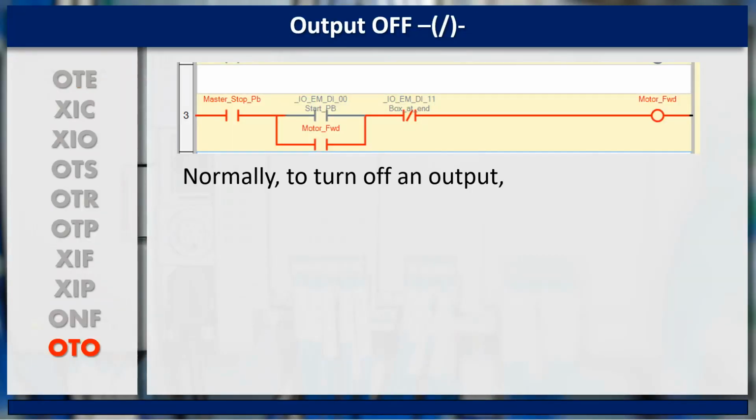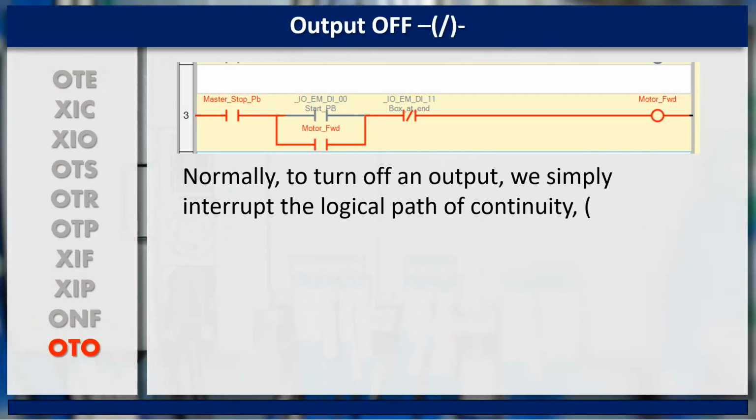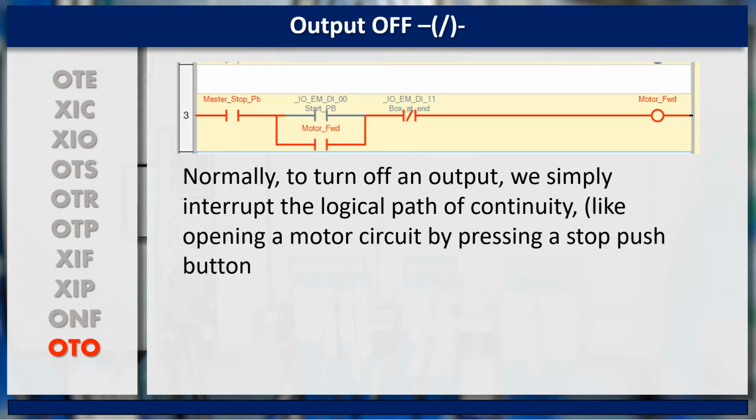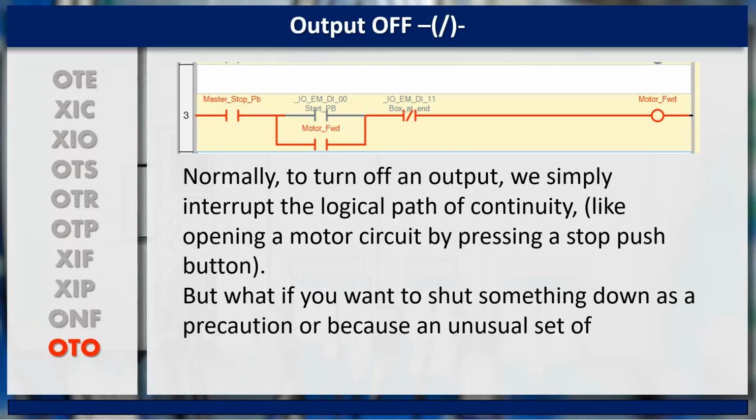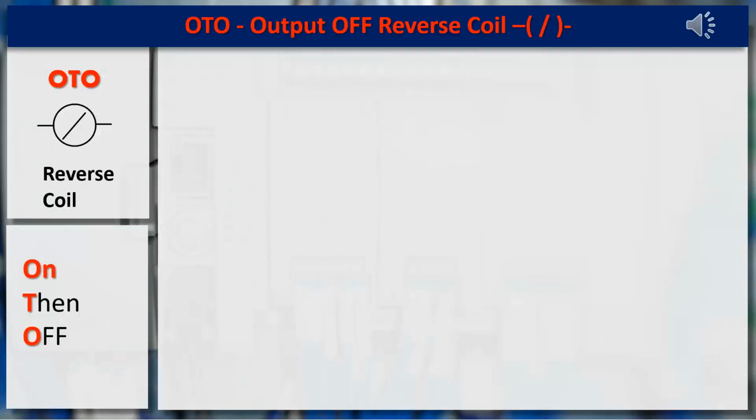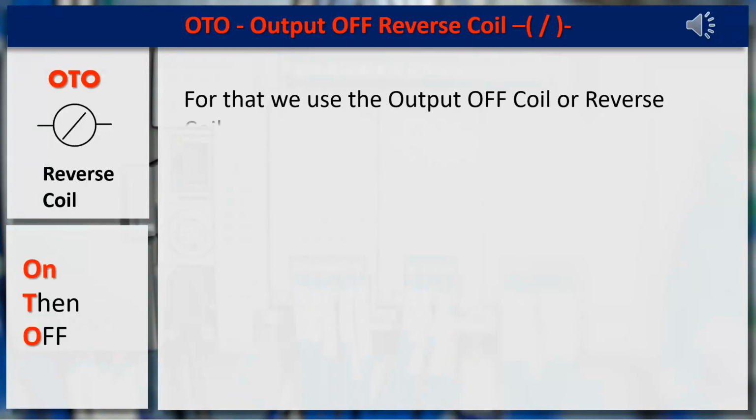Normally, to turn off an output, we simply interrupt the logical path of continuity, like opening a motor circuit by pressing a stop push button. But what if you want to shut something down as a precaution, or because an unusual set of circumstances has occurred? For that, we use the output off coil or reverse coil.